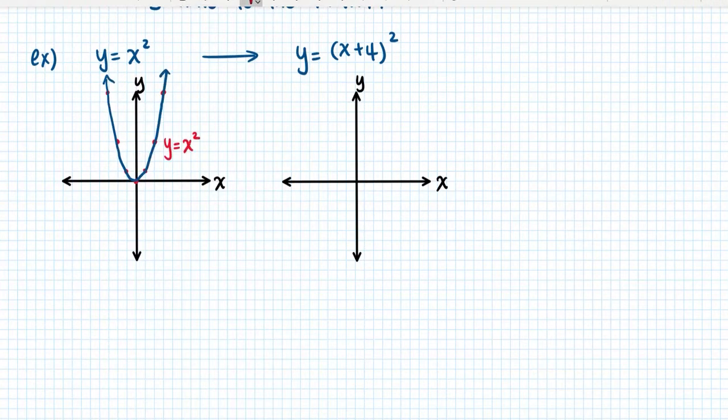This is y is equal to x squared. And using the vertex form of this second function, we know that the vertex is negative 4 and 0. So here's our middle point. And the shape of the function stays the same.